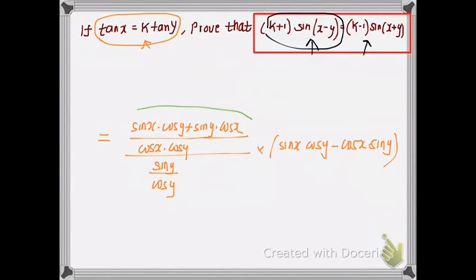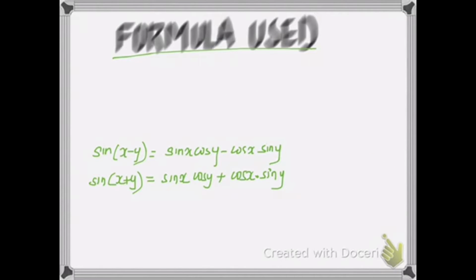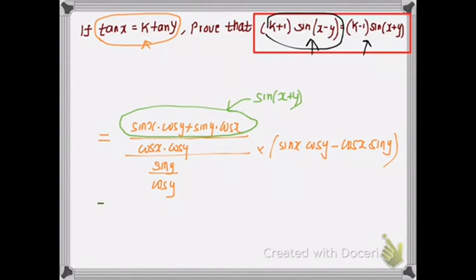Now if we look at this part right over here clearly, we can see that it's the formula for sin x cos y plus cos x sin y. It is the formula for sin x plus y. I hope you know the formula. You can see it over here as well. So here instead I can write sin x plus y divided by cos x cos y, and then let me rationalize this.